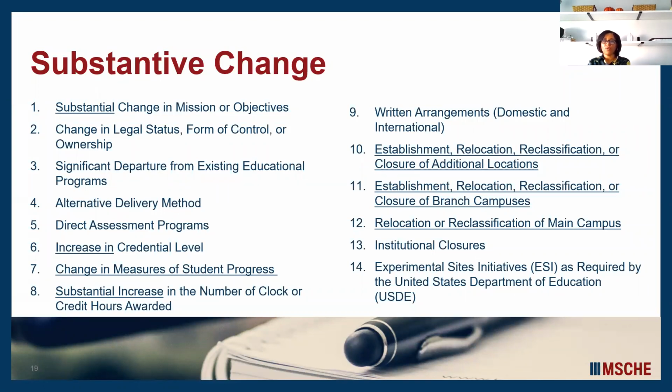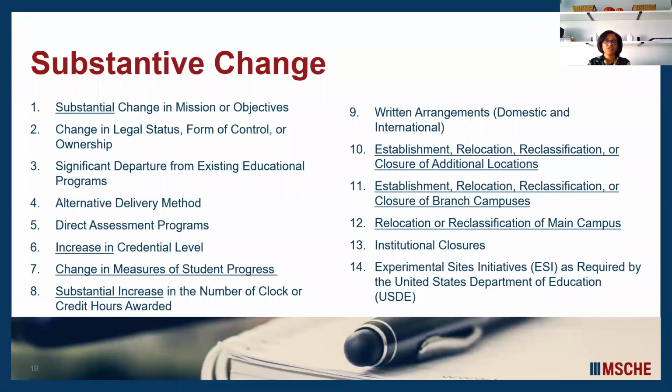Number two, change in legal status, form of control, or ownership is considered a complex substantive change, and the review process is more extensive compared to the regular review process. There will be a webinar on November 6th for those of you that would like to know more about this type.